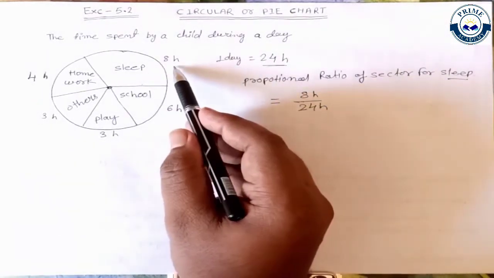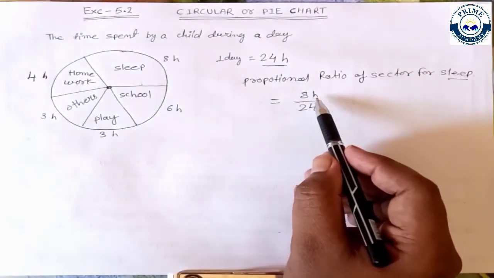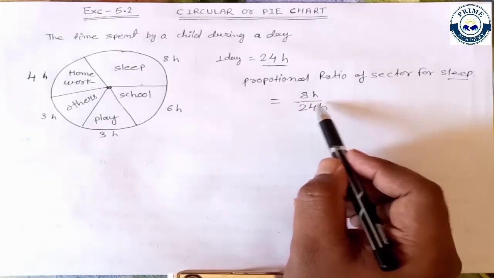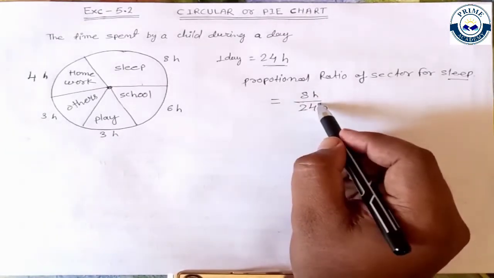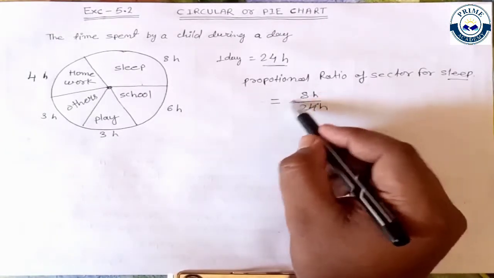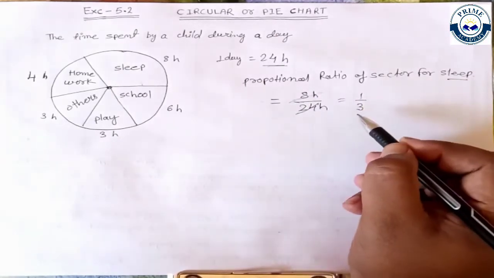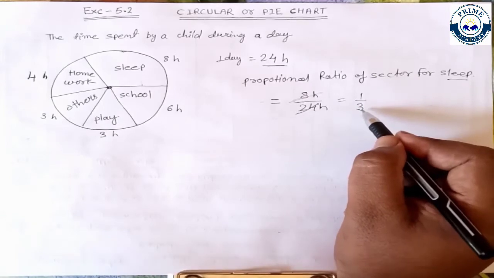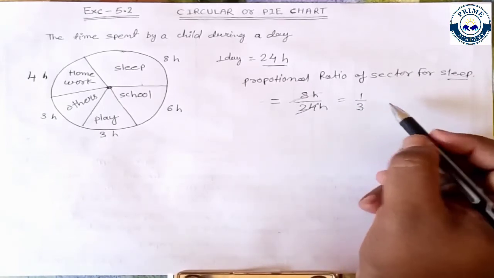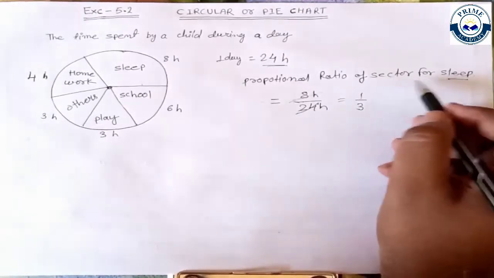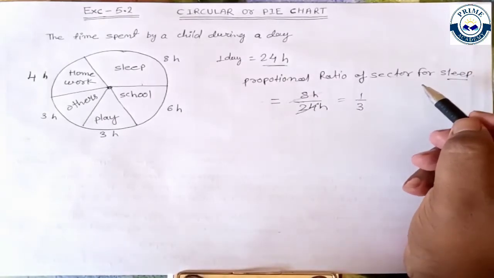So you just put 8 here, and divide by the total time. When you cut, 8 threes are 24. So 1/3 proportion of time is spent sleeping by the student, right?